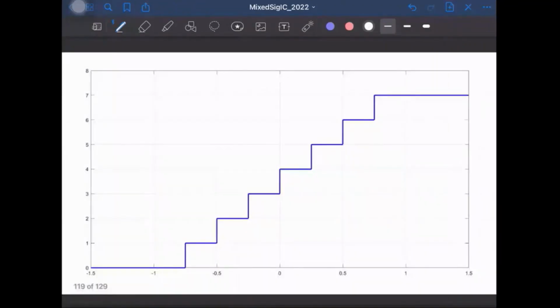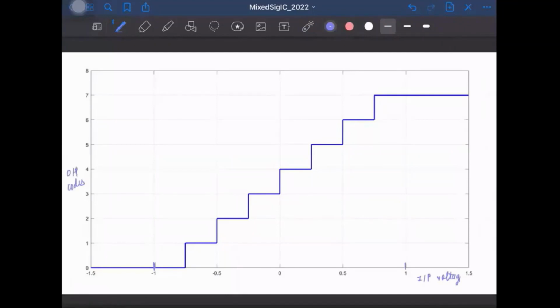If you remember, this was the staircase characteristic of our quantizer. So here I'm considering a mid-rise quantizer with a total of 8 levels. The full scale range of the quantizer is from -1 volt to +1 volt. In the x-axis, I'm showing the input voltage, and in the y-axis, I'm showing the output codes.